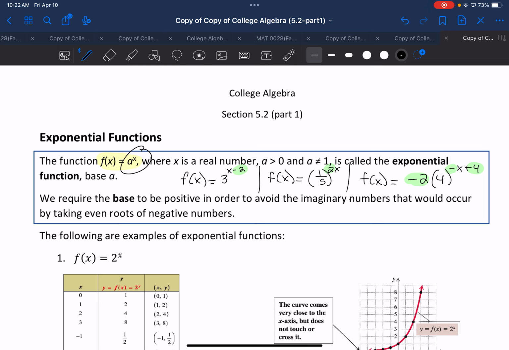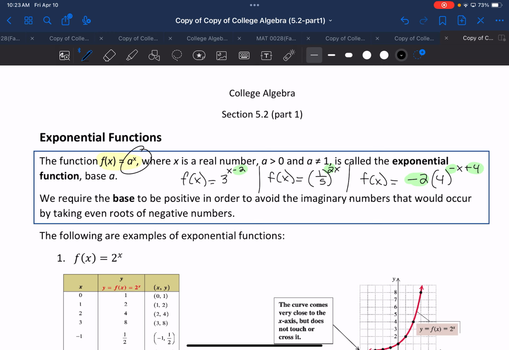It's what we're going to use to graph these types of functions using transformations. So we're going to learn the basic shape of the base graph, which would just be the base and the exponent x. And then we're going to use our transformation knowledge, which is exactly the same as what we learned in chapter 2, all of the same rules, to find the actual graph of functions like these.